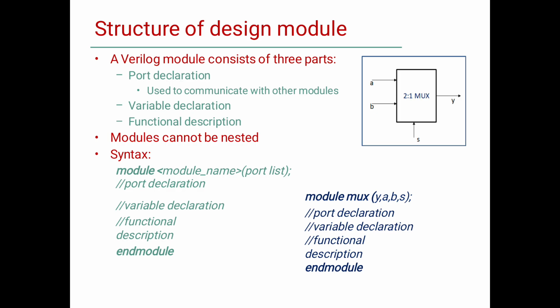S is a selection line input and Y is the output. Here the functional description is to select the line. Modules cannot be nested. So here is an example of port declaration, variable declaration, followed by functional description and endmodule.